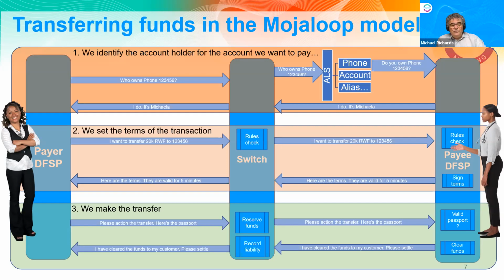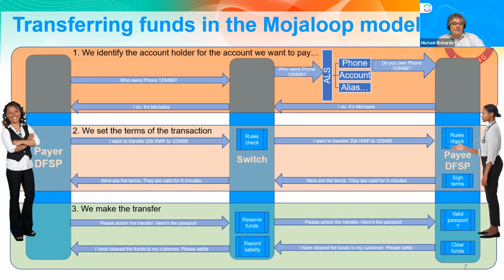We send the funds to the switch where they are reserved, so that the payee institution can be confident that the payer institution will always have sufficient funds available to settle the transfer. It's passed through to the payee DFSP, who will commit the amount to the customer, provided they're satisfied, and send back a message that says, yep, I've cleared the funds to my customer, you can go ahead and commit them.